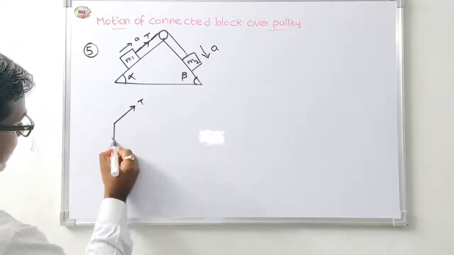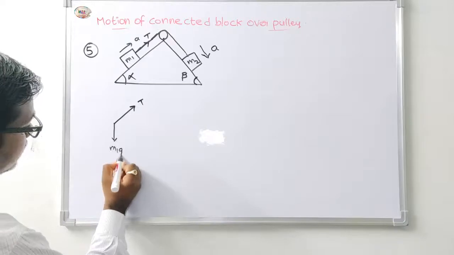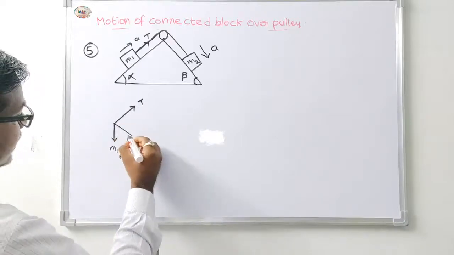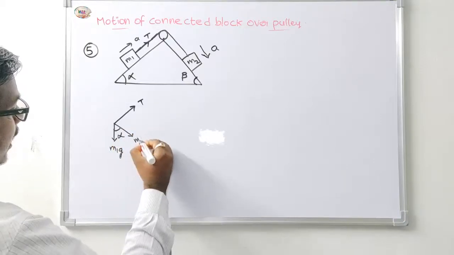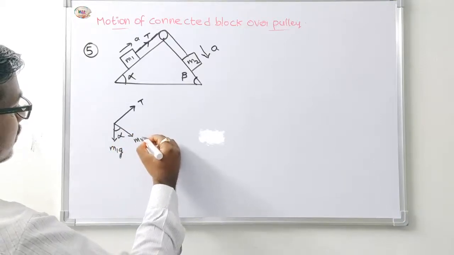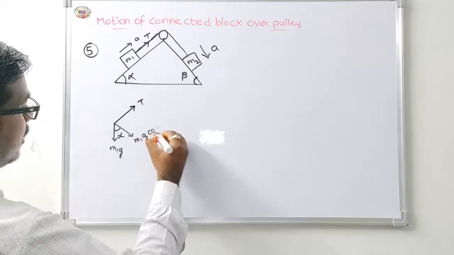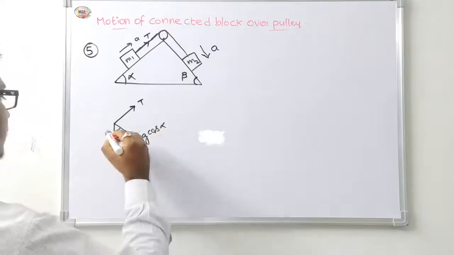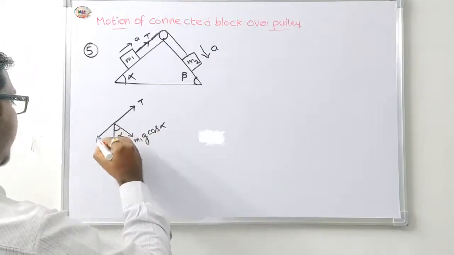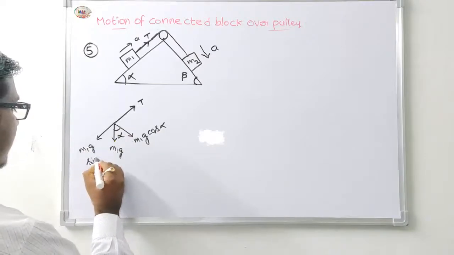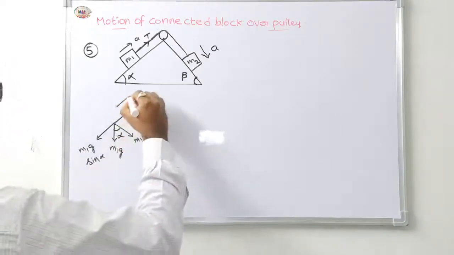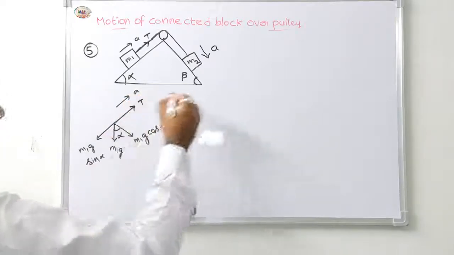Downward is M1G, making an angle alpha: M1G cos alpha is the horizontal component and M1G sin alpha is the vertical component. The acceleration is acting in the forward direction.